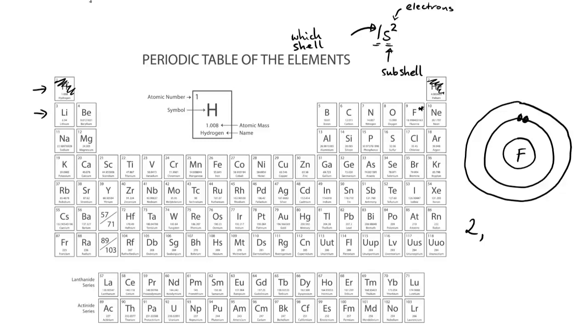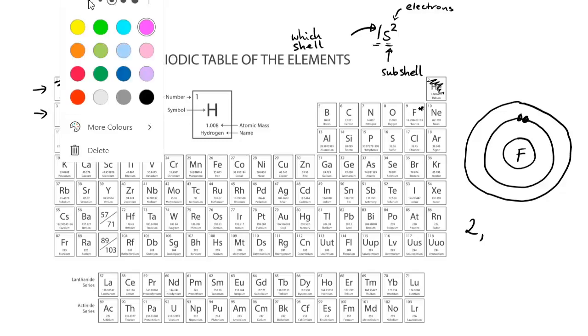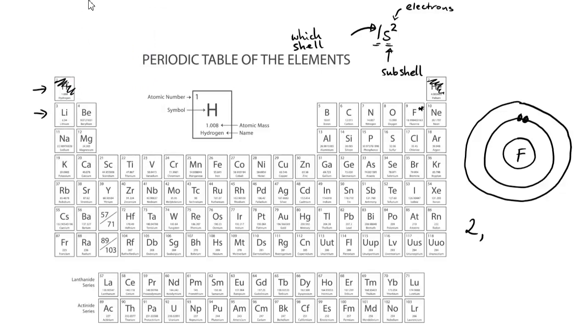Now, I should really use a highlighter. Sorry for those of you that may be a bit OCD. So the next is the second shell. Now in Bohr's model, we'll just go, okay, 1, 2.